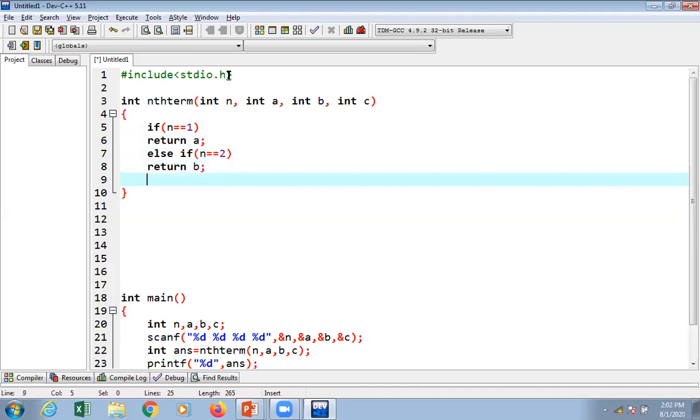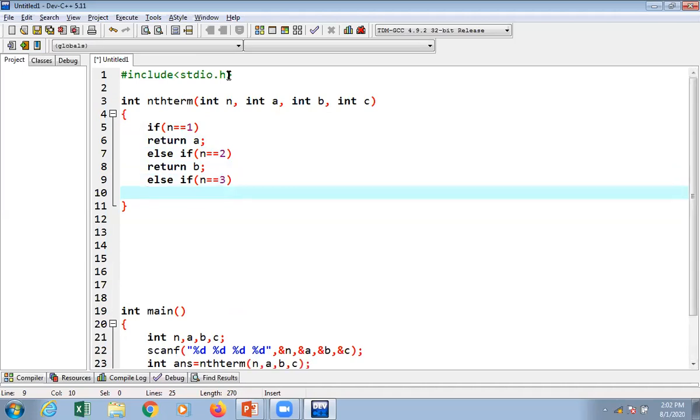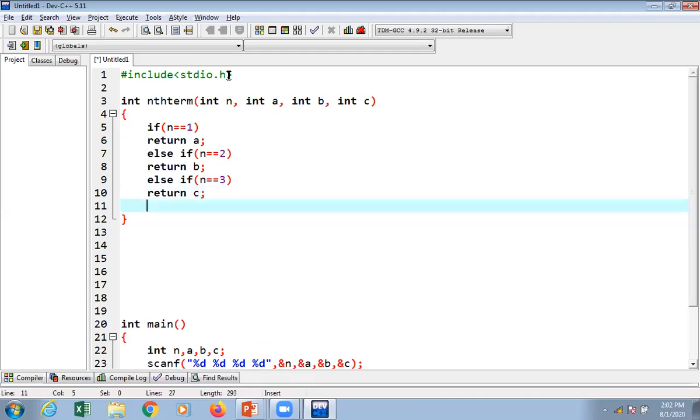Okay, and if we are talking about the third term, simply it will be return c. The first three terms, it is clear that a, b, and c are the first three terms. Now the question arises of the fourth term or any other term. So if that is the case, that is the case of else.